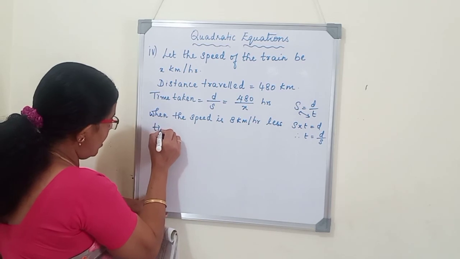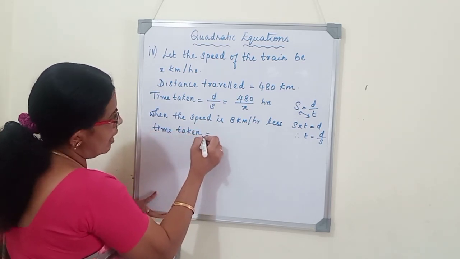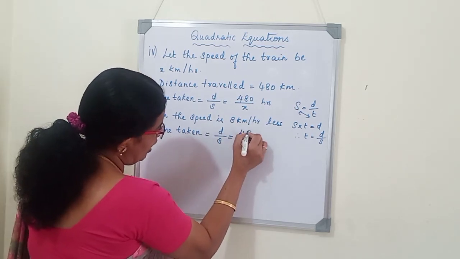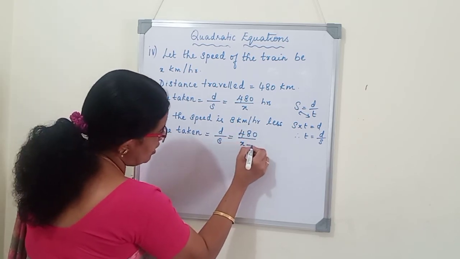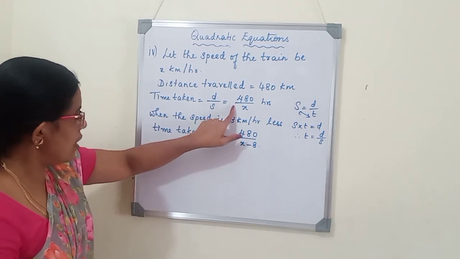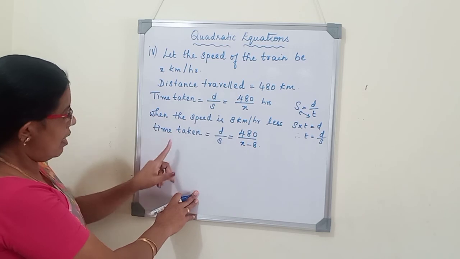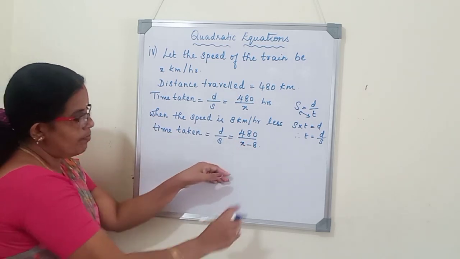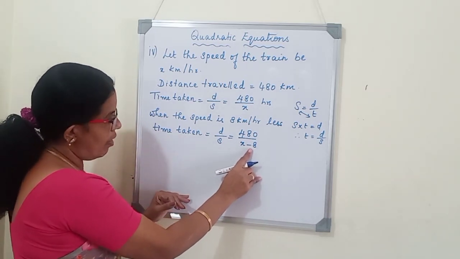What is the time taken? It is the same distance only, so time taken will be distance by speed. Distance is 480, speed reduced by 8 km per hour, so x minus 8. So we got two terms. In the first case the time taken is 480 by x, and in the second case the time taken is 480 by x minus 8.